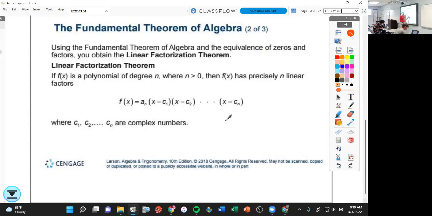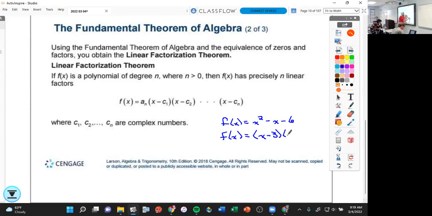If I had f of x equals x squared minus x minus 6, that factors easily, doesn't it? Two numbers that multiply to get -6 but combine to get -1. What does that factor into? x minus 3 times x plus 2, right? That's what this is showing.